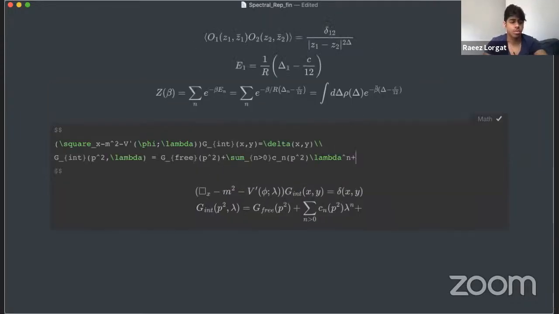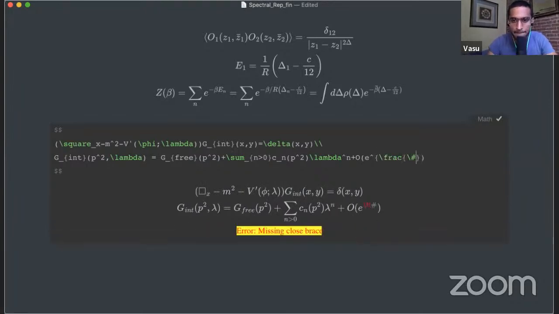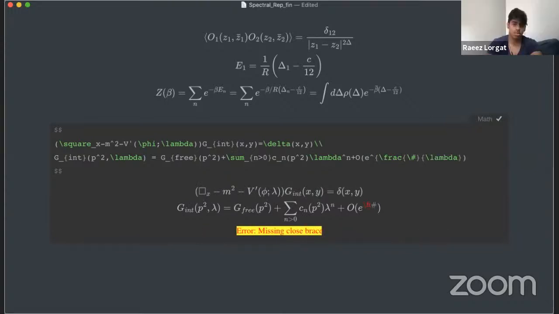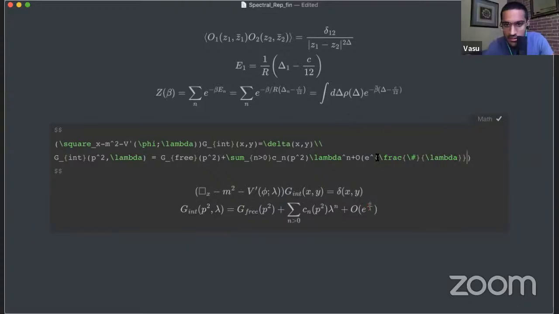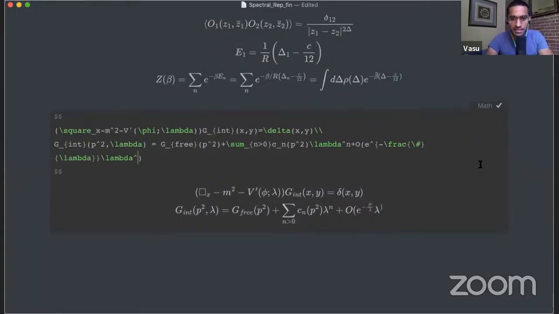Particularly, this doesn't actually do justice to the kinds of corrections you can compute here. Really, knowing everything means you know what happens to corrections of the form like this, and so on.